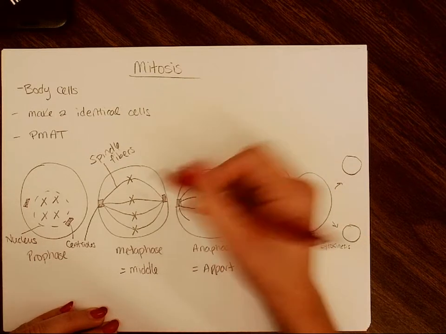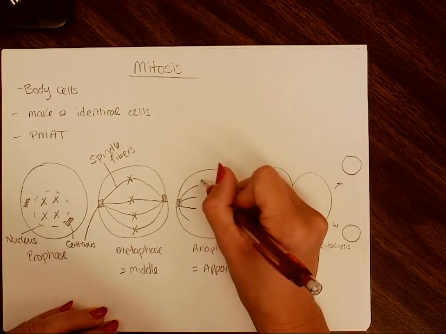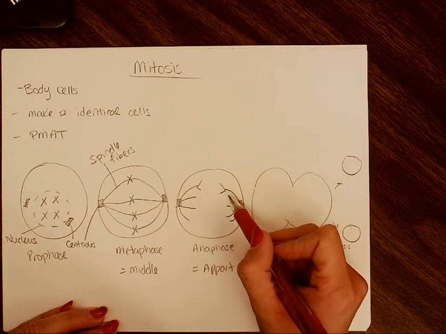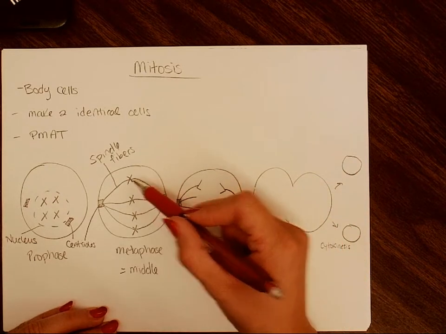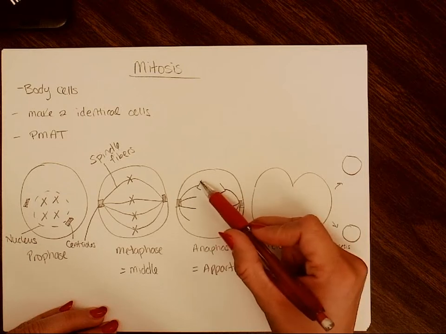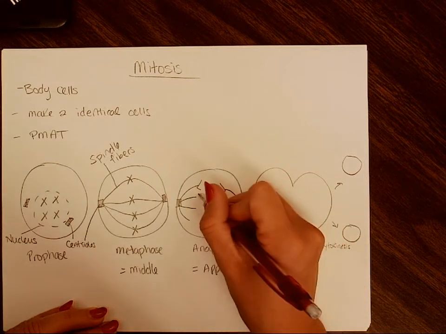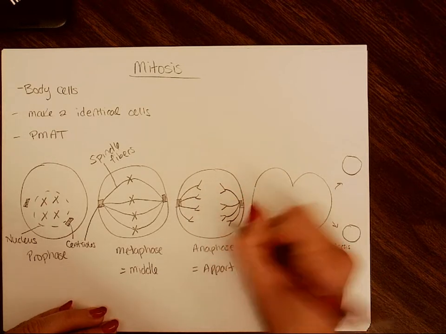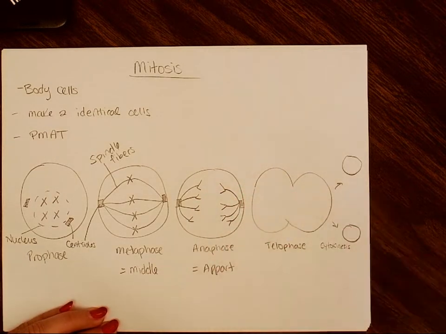But instead of seeing the full chromosome attached, we're going to see only half. And each of these halves is going to be identical. So this half right here, once we split it, is identical to this half right here. So I have split these 4 chromosomes into their chromatids.